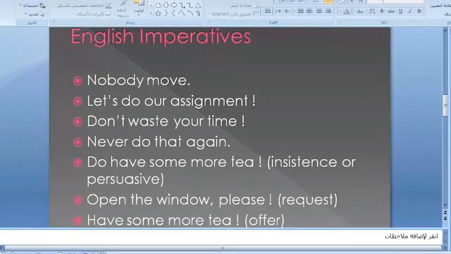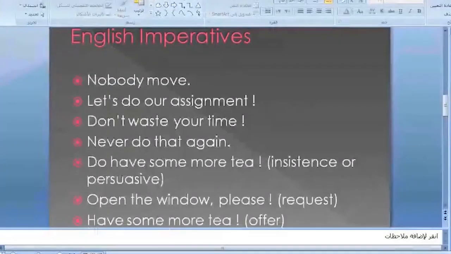So here, as you can see that the subject is explicit, and the function is to show irritation, الانزعاج, plus warning, تحذير. And the second example, which says, let's do our assignment. As you can see, that this imperative clause does not start with the bare infinitive of the verb.